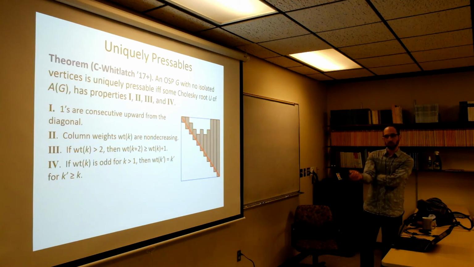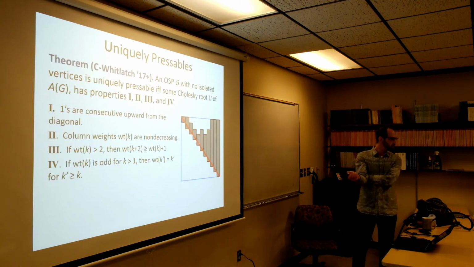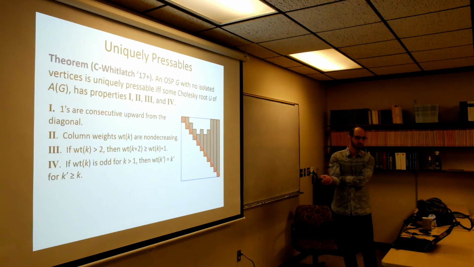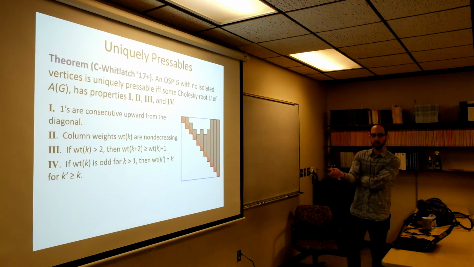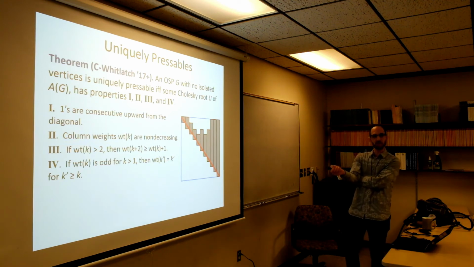And then, of course, I drew a red line on the diagonal of the matrix so that you can compare the heights of the columns. So the first property is that the 1s are consecutive upward from the diagonal. That is, there's 1s on the diagonal, which you're certainly going to need if it's going to be invertible. And then there's 1s above it and above it and above it, and then the 1s stop somewhere and they never restart.